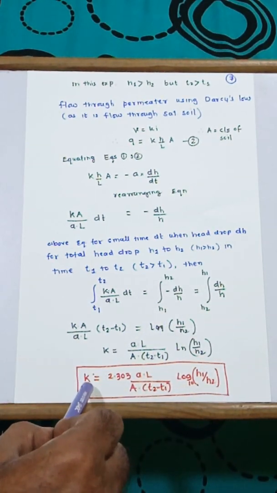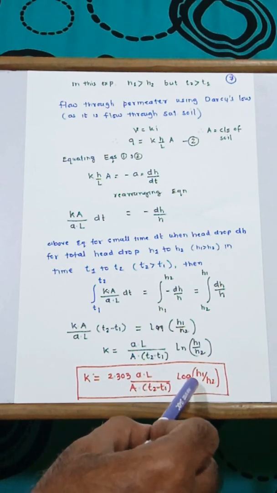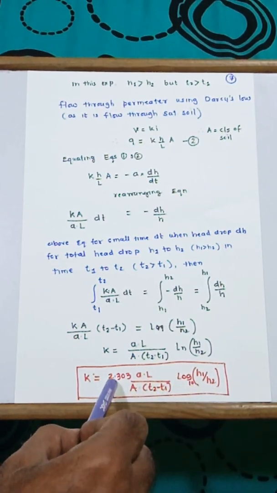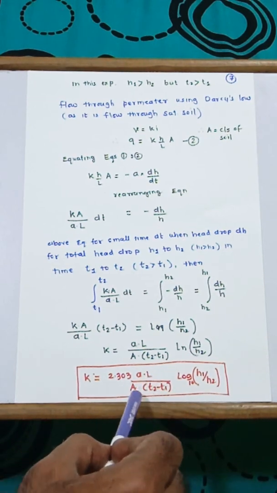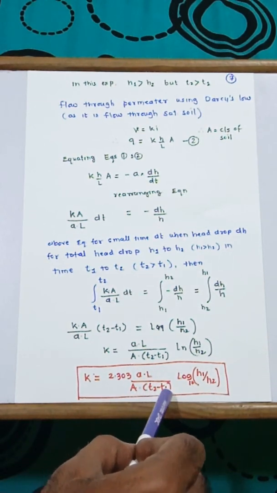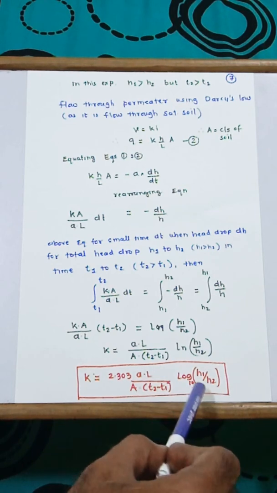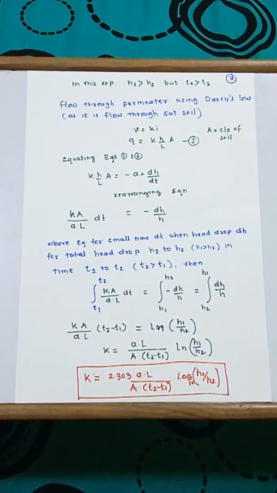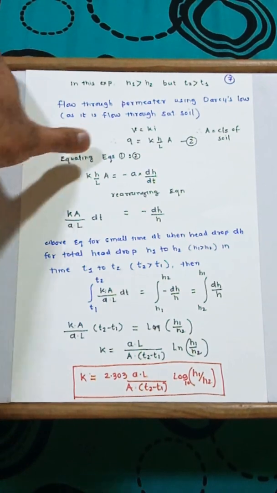Similarly, k can be written in terms of log to base 10 by multiplying by the factor 2.303 aL upon A times the time elapsed for a head drop h1 to h2. So this is the expression we get from this falling head test, that is the k value.